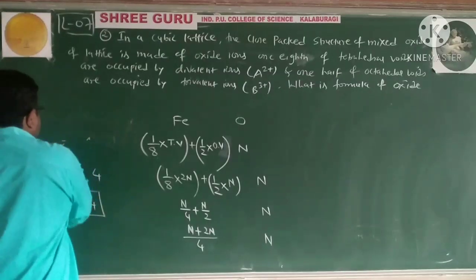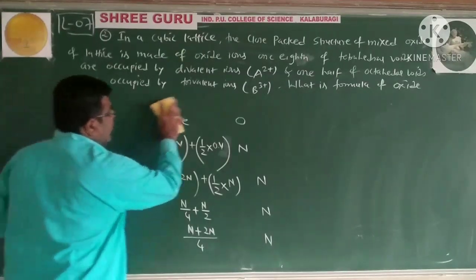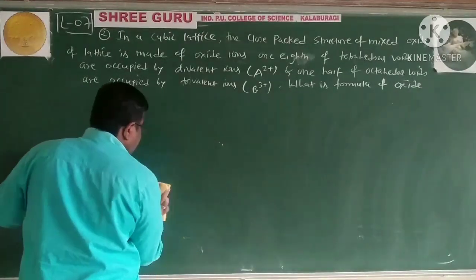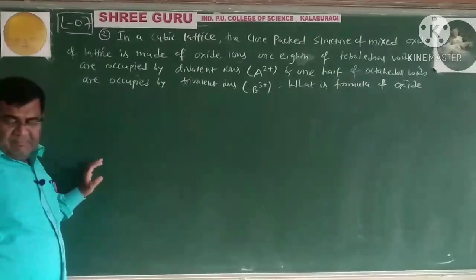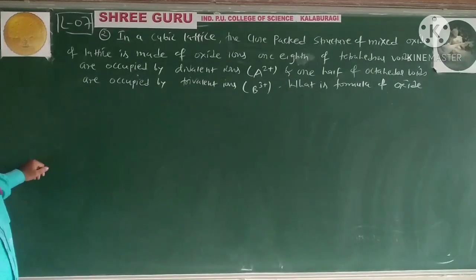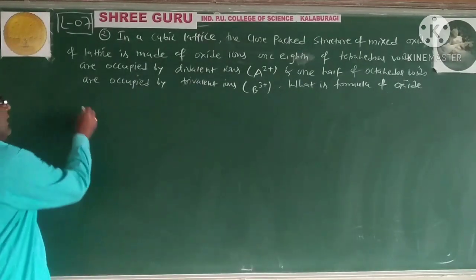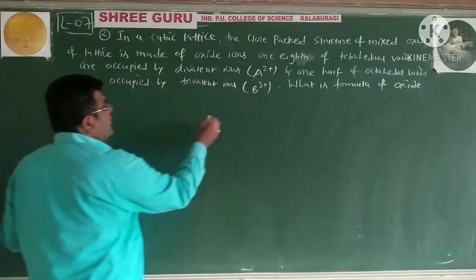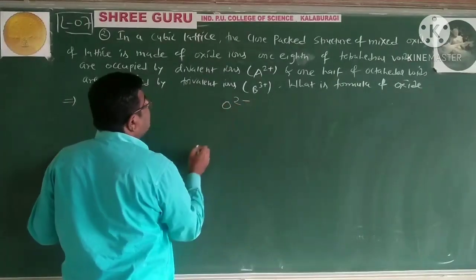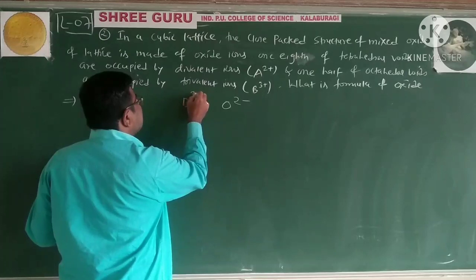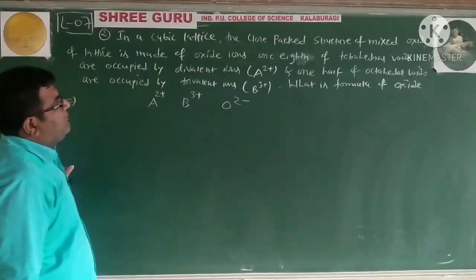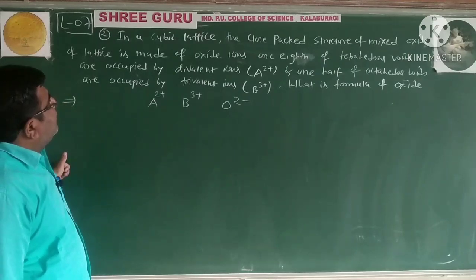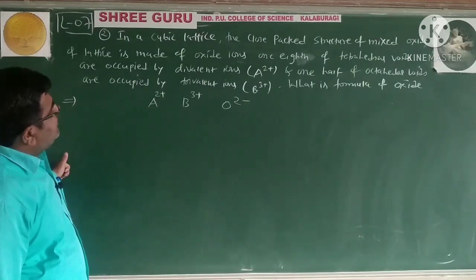See the situation here. We have oxide ions and cations A plus 2 and B plus 3. Where are the oxide ions present?